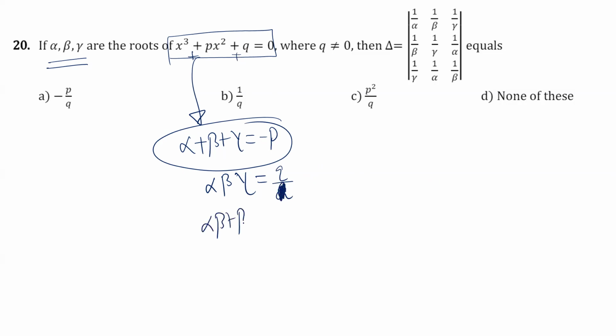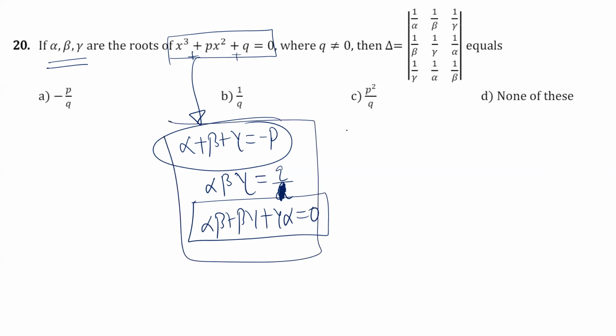And alpha beta, beta gamma, and gamma alpha will be 0 because the coefficient of x is 0. So with this information we shall try to proceed.